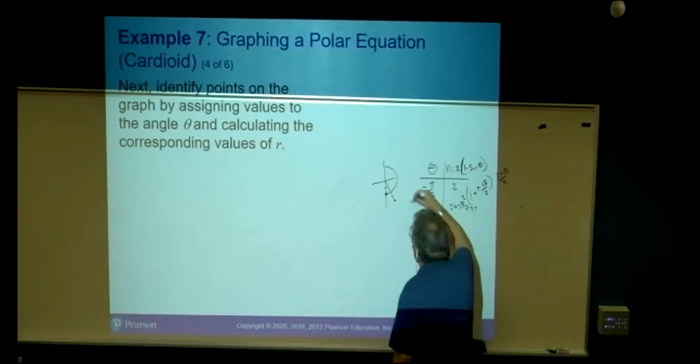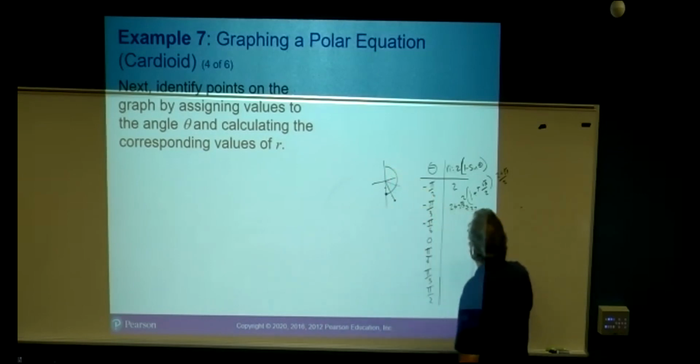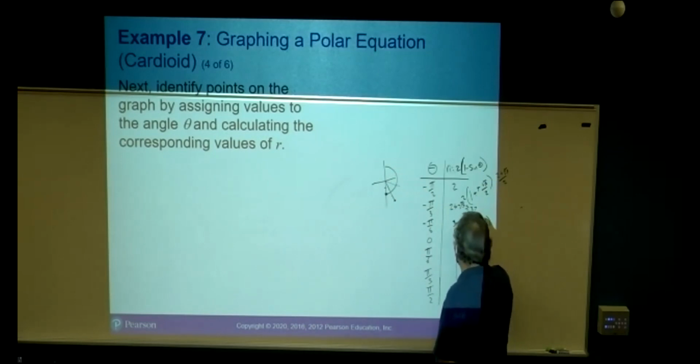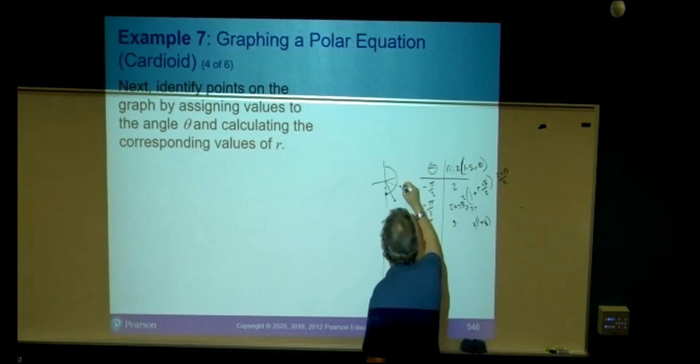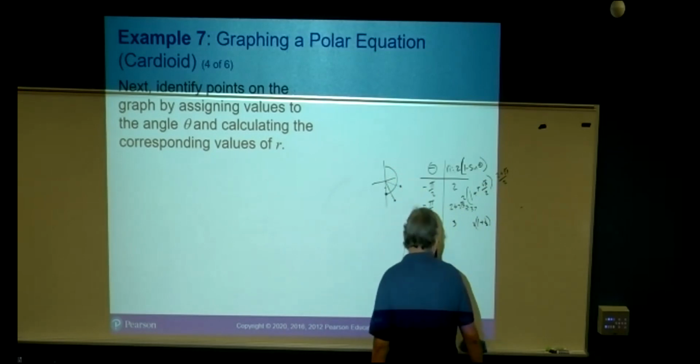And then at negative pi over 6, that's when sine is a negative 1/2. And so now it's going to be 1 plus 1/2 times 2, and that is 3. Okay.